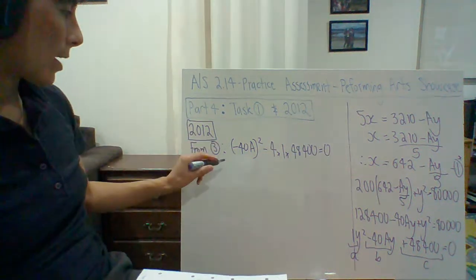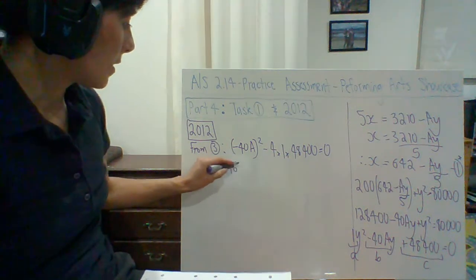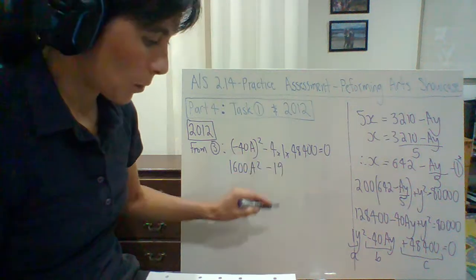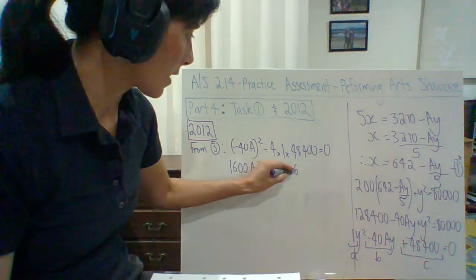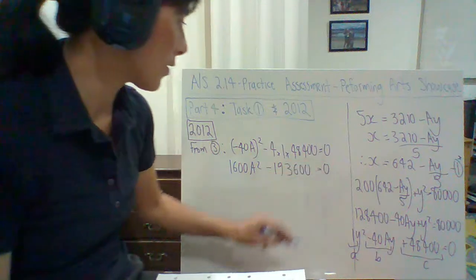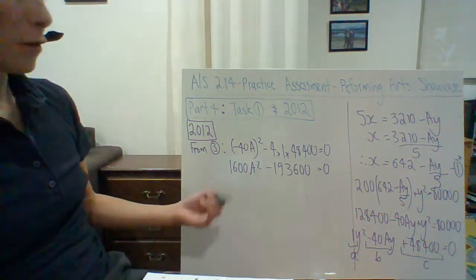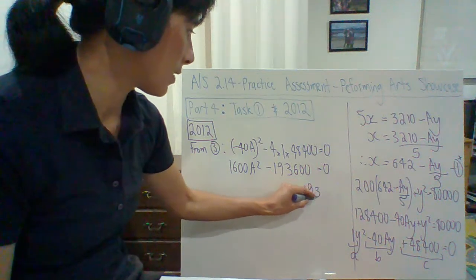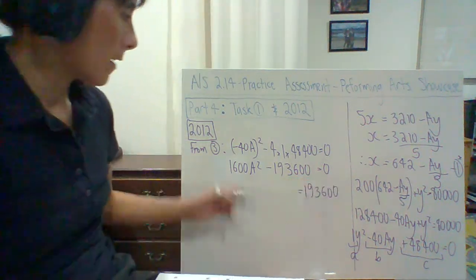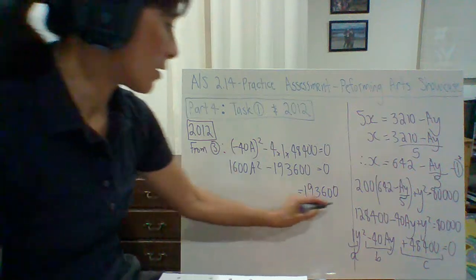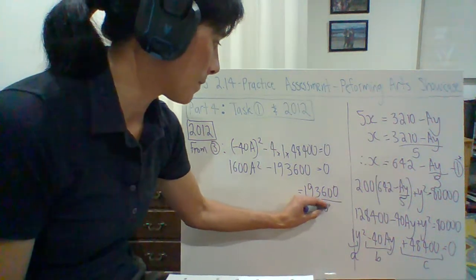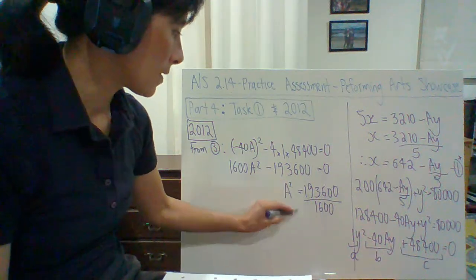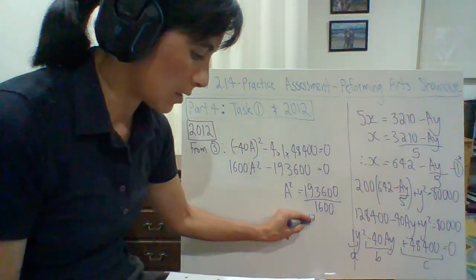If we expand out the brackets, that gives us 1600A squared minus 193,600 equals 0. We're looking to solve for A, so we can move the 193,600 across. Hopefully you're okay with me also dividing through by 1600. So that's A squared, and if we solve that, it's 121.